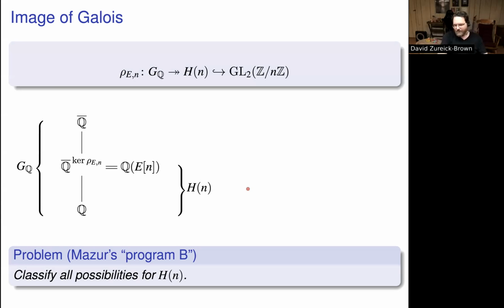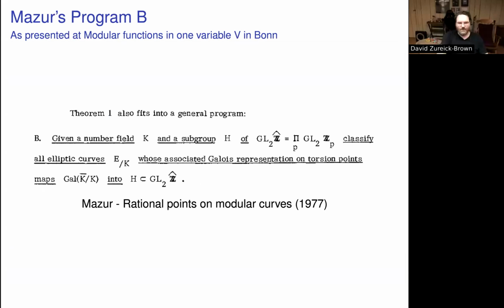And then this has been coined Mazur's Program B for the following reasons. Everybody knows Mazur's Eisenstein ideal and isogenies papers, but he has this excellent survey paper from around the same time in one of the modular functions books, pre-LaTeX. And Theorem 1 was uniformity.